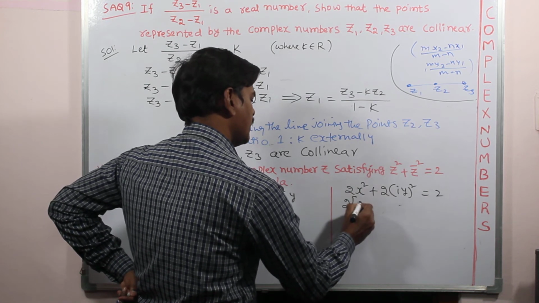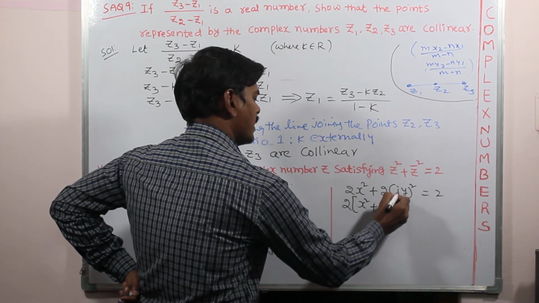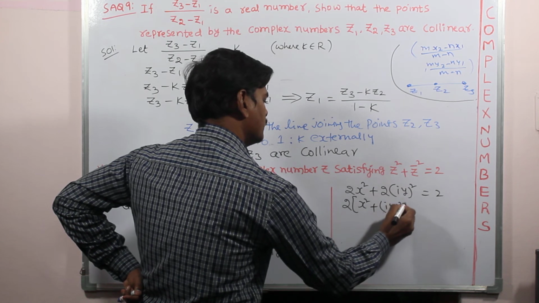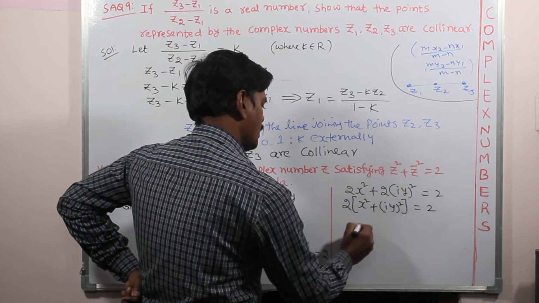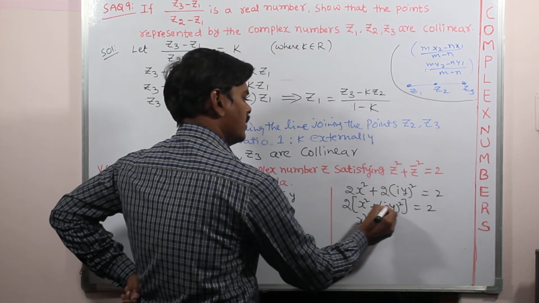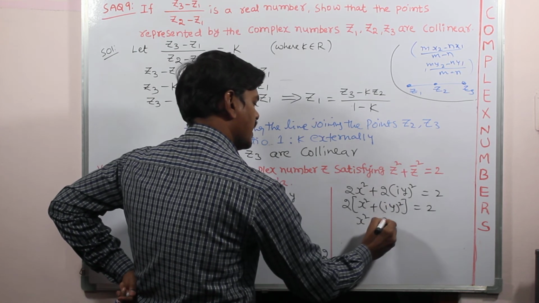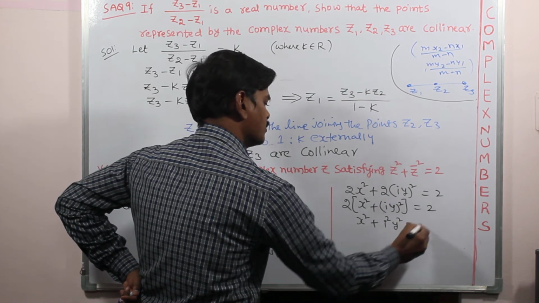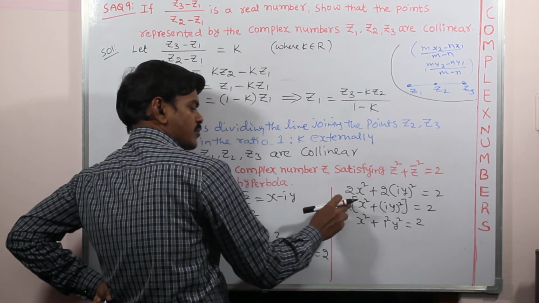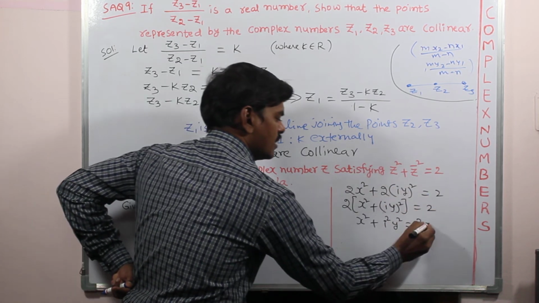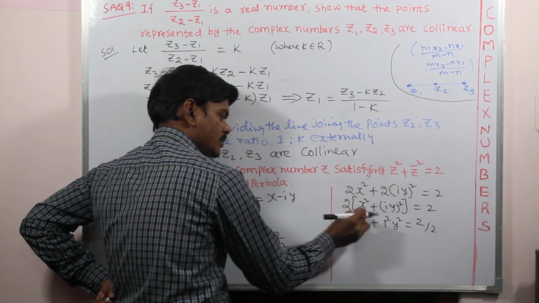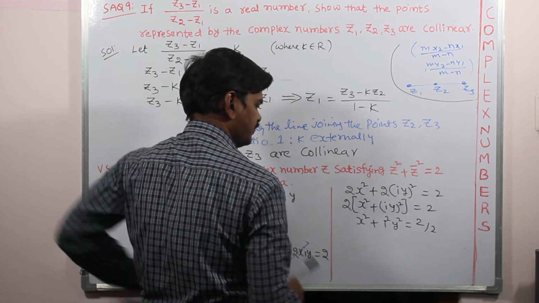After taking 2 common, x square plus iota y whole square, that equals 2. X square plus iota square y square equals 2. On transposition of 2 from LHS to RHS, it becomes divided by 2.